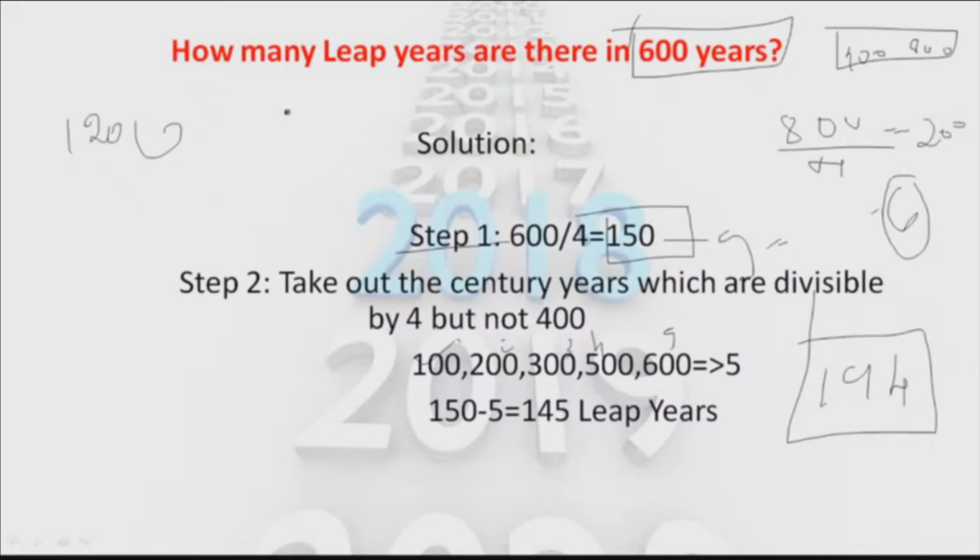Yes, so you have 1200 by 4, which is nothing but 300. So when I say 1200, you have 400, 800, 1200. These are the leap years. Other than that will be non-leap years. So 9 non-leap years are there. So 300 minus 9 will give you 291.